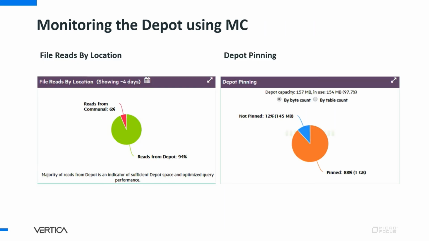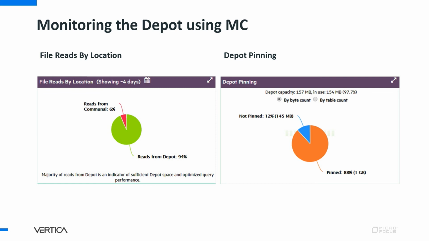Monitoring the depot using MC. You can monitor the depot using management console. Also, you can perform all the above mentioned activities like setting depot pinning policy and clearing depot pinning policy using MC. Also, you can monitor the depot activities using MC.